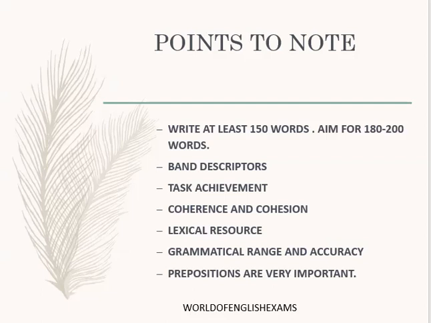Finally, there is grammatical range and accuracy, which signifies that you have to use different types of sentences such as simple sentences, compound sentences, complex sentences, conditional sentences, if clauses. Those are conditional sentences. Then passive and active sentences, indirect speech and so on.